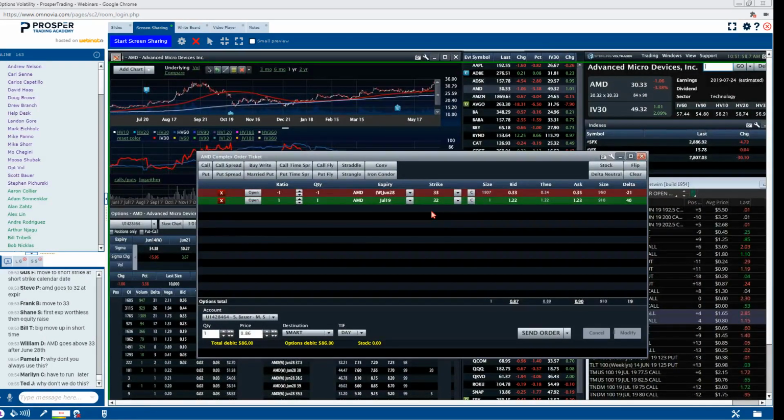Okay, now, good questions. Why don't we always use a diagonal? Well, a lot of it comes down to the opportunity presented to us and our reward to risk opportunity. Sometimes a straight vertical, meaning using strikes within the same expiration, gives us appropriate reward to risk that we look for. And it's just easier using strikes within the same expiration.